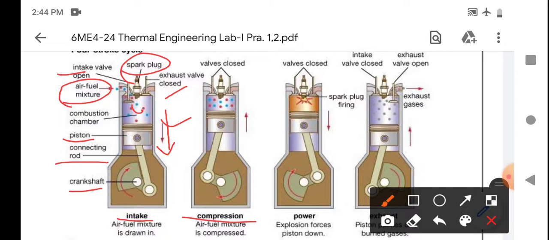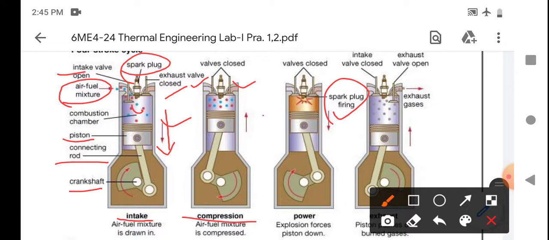In the compression stroke, the inlet and outlet valves are both closed. Now the air fuel mixture is compressed by the piston to high temperature and high pressure. After this process, when the piston reaches the top dead center, the spark plug ignites a fire.